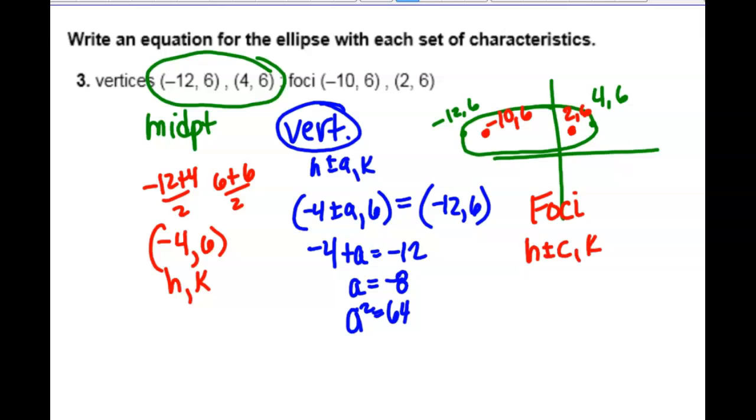All right, so what's the recipe for foci? All right, so what is h? Plus or minus c, comma k is 6. And what is one of the foci? 2, 6, okay. So negative 4 plus or minus c became a 2.